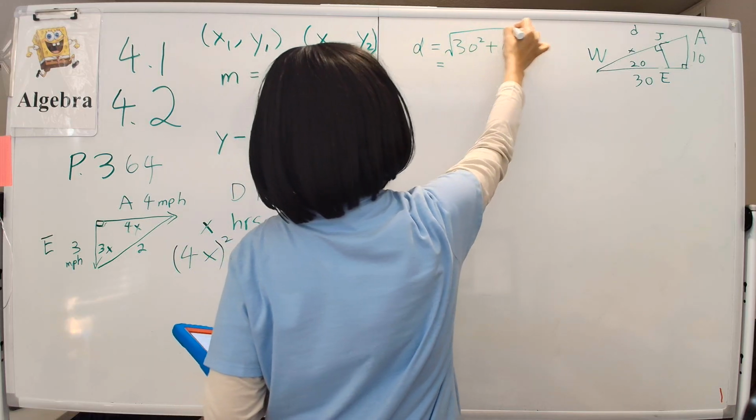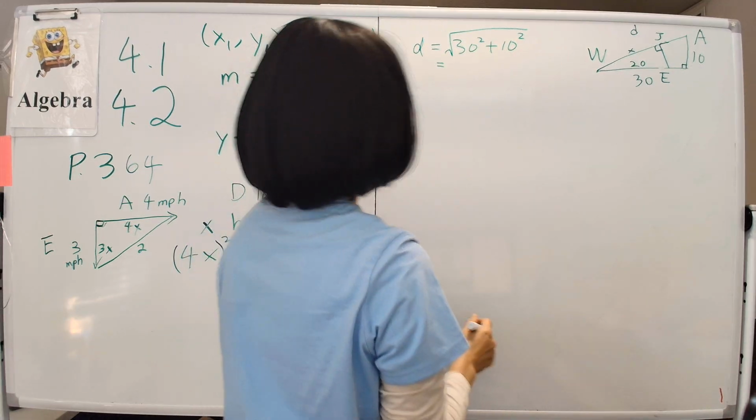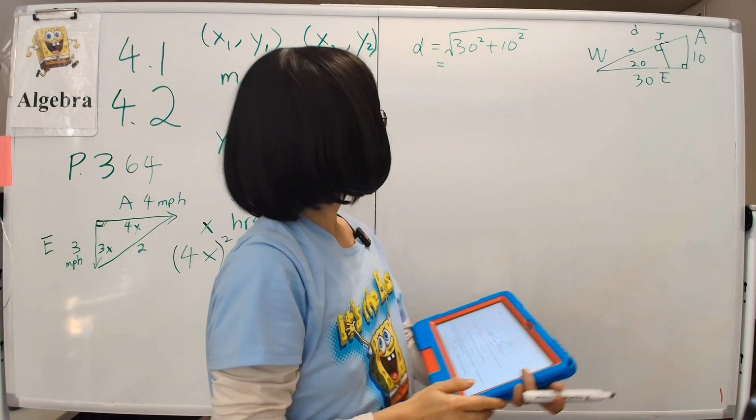So D equals the square root of these two things, and that equals some number that we'll calculate in a second.